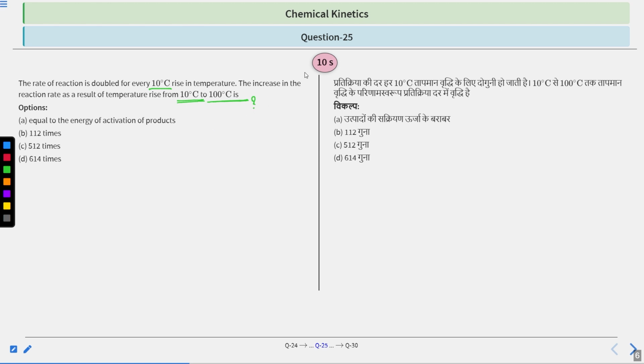Options are 112 times, 256 times, 512 times, or 614 times. You have 10 seconds to solve this question. After that, we will see the answer.